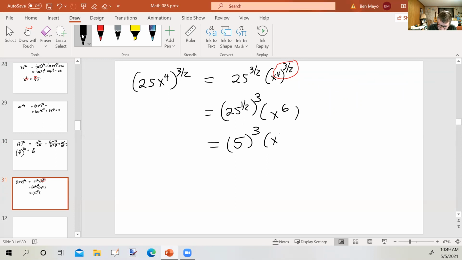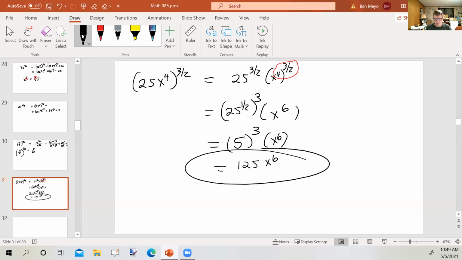So then I have 5 cubed times x to the 6th power. 5 cubed, 5 times 5 is 25, times 5 is 125. So my final answer becomes 125x to the 6th power.